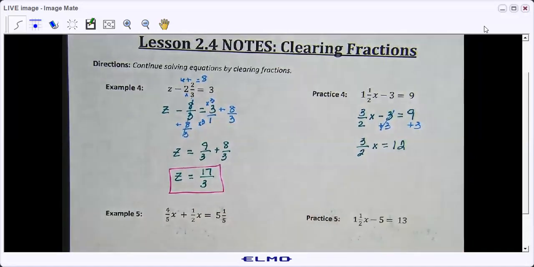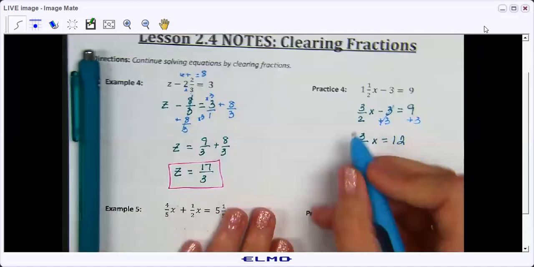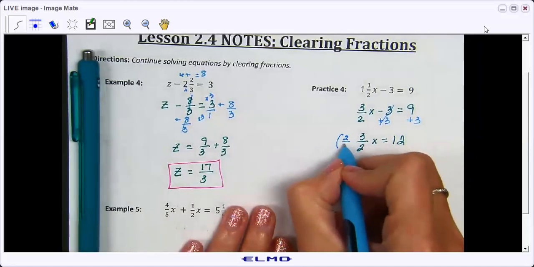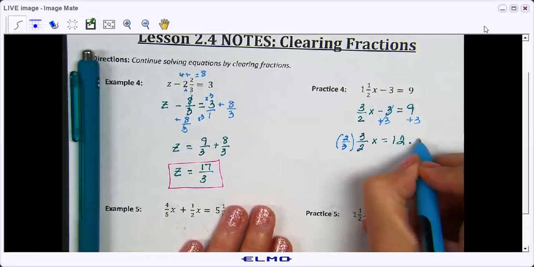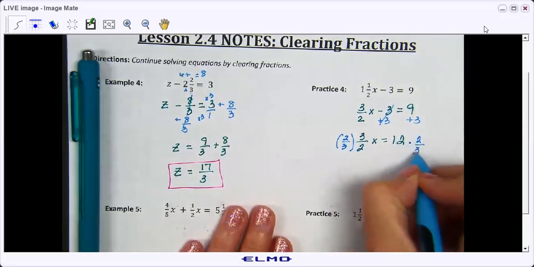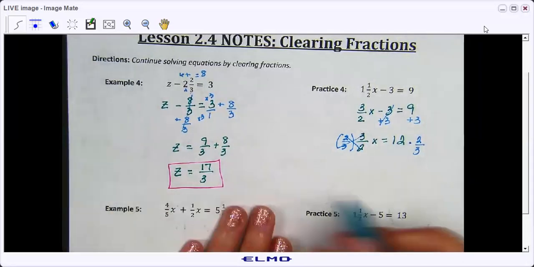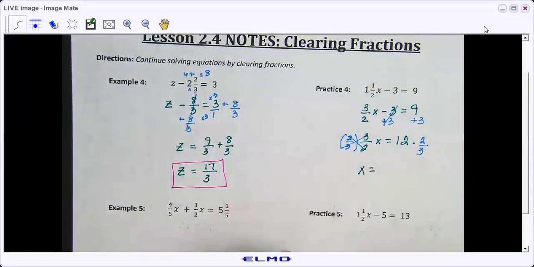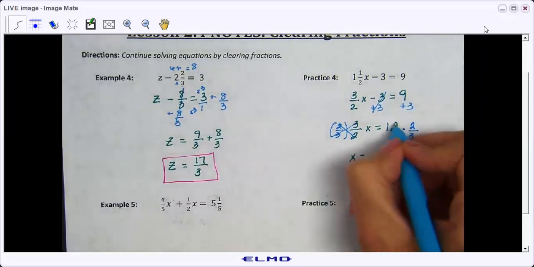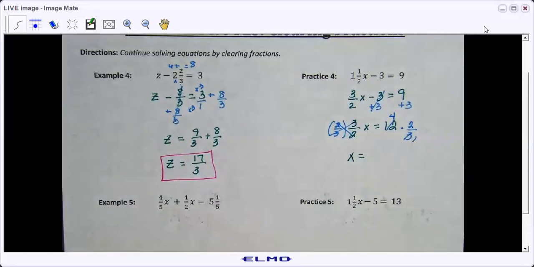Now, Saya and Diego, we're going to be multiplying. Okay. So we're going to multiply by the reciprocal. Cross simplify. And then this one equals 8.